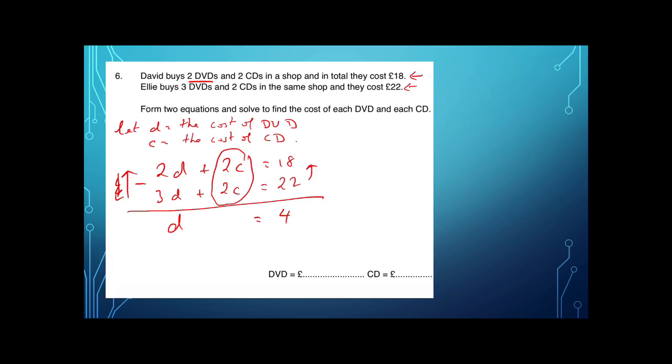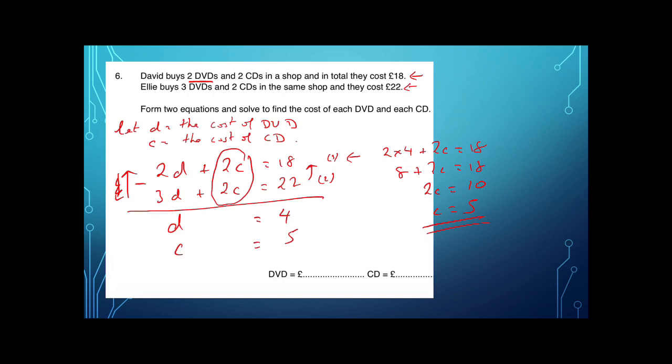I want to find the value of C. If that was equation 1, that was equation 2, I'm going to use equation 1 here. So D is 4, 2 times 4, add 2C is equal to 18. 8 plus 2C is equal to 18. Subtract 8 from both sides, and then divide by 2, and that gives me C is equal to 5.